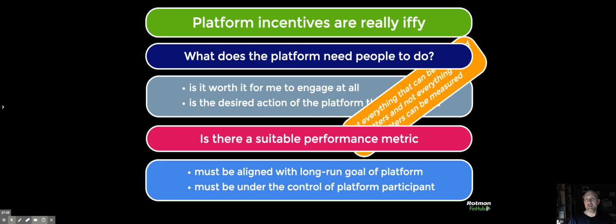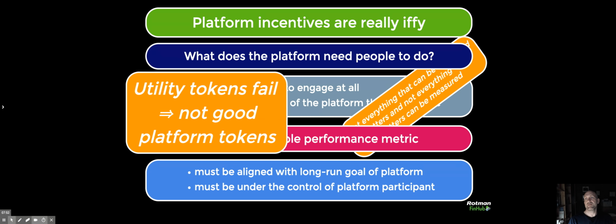Now the problem is that many utility tokens fail this test, because the idea is you behave well and therefore the utility token has value, but that value is just too much out of the control of a particular participant.